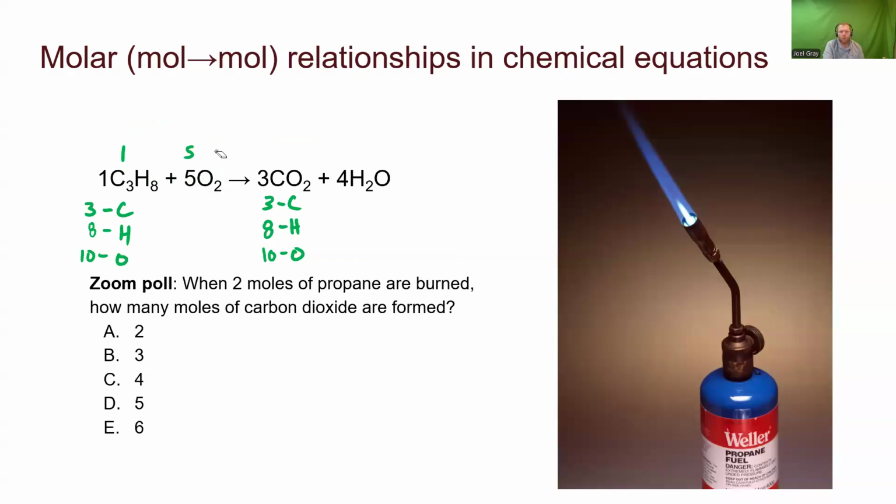Okay. Now, what if I had one C3H8 and one O2? Let me ask you this. Would the reaction take place at all? Add a Y or an N to the chat. What if I told you that it did?